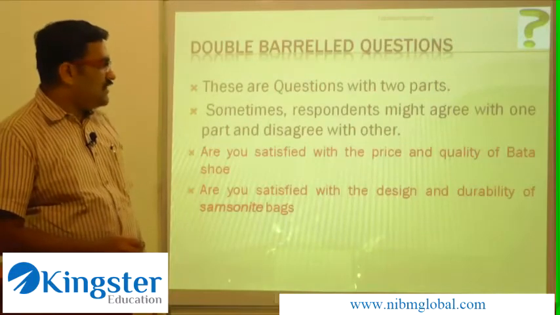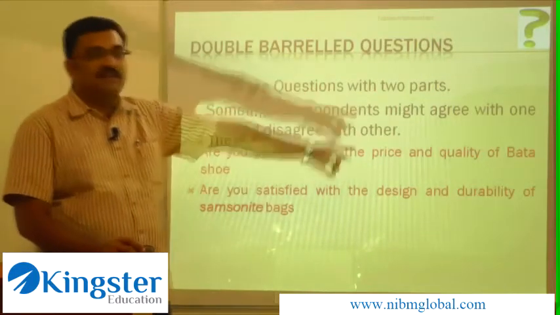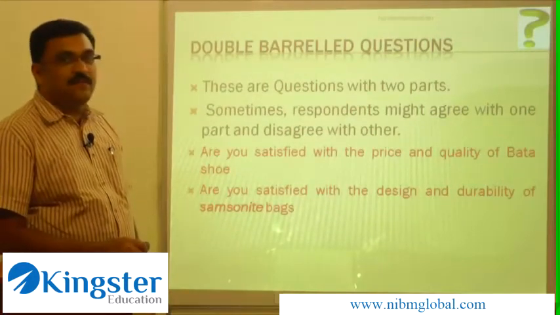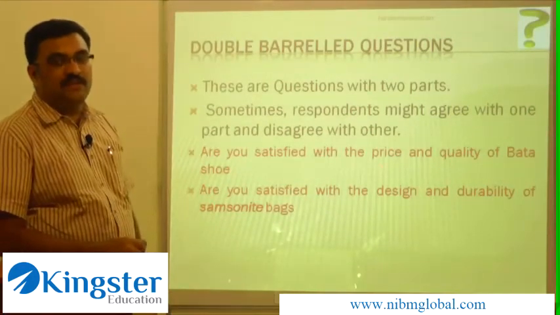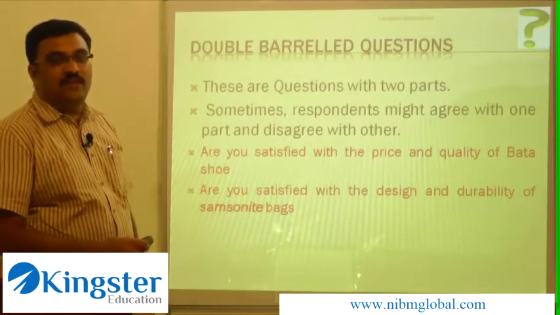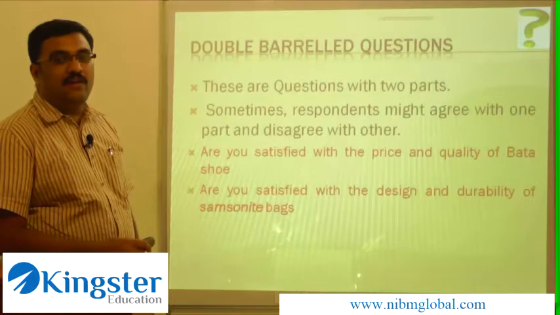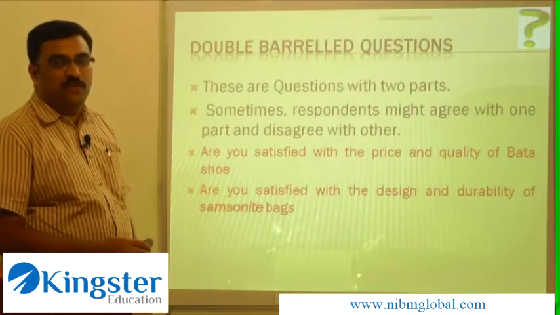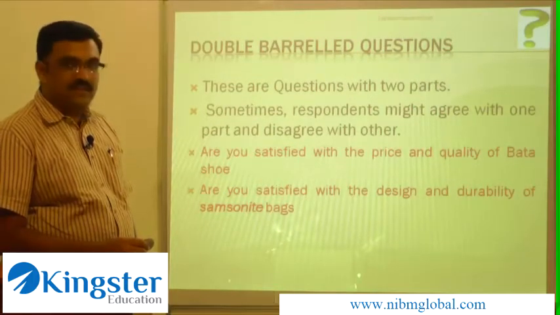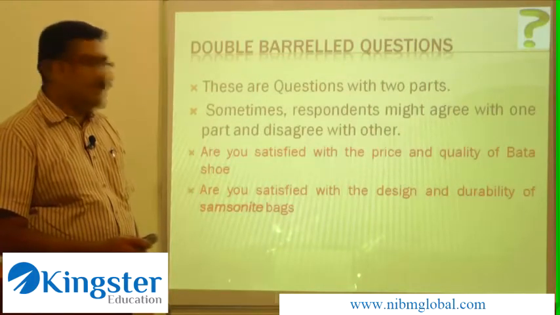Price is one factor, quality is another factor. Sometimes with the quality you may be satisfied, but with the price you may not be satisfied. And if you are giving a single option for answering, the respondent will be in a totally confused state as to which answer he should opt for. So if you want to ask like this, you need to split this into two questions. Price you need to ask separately and quality also separately.